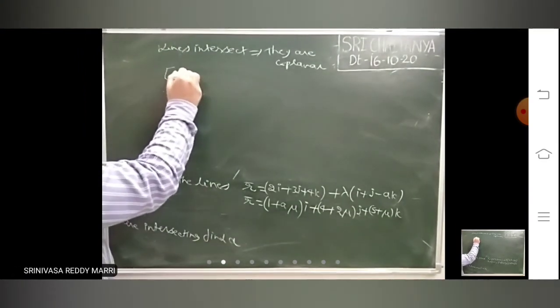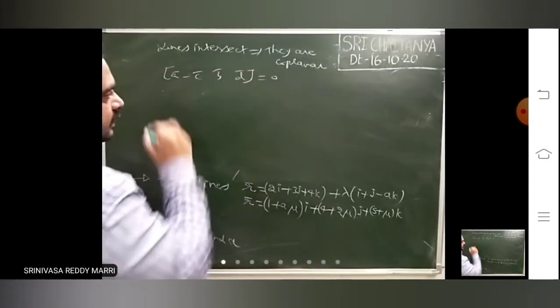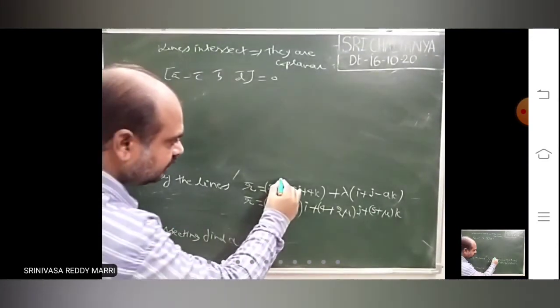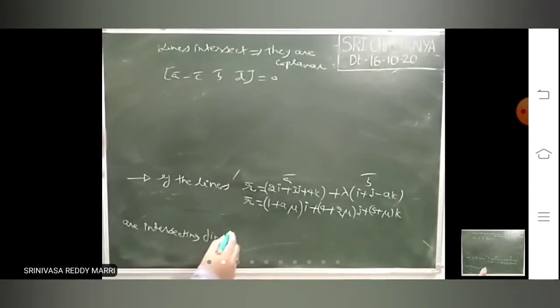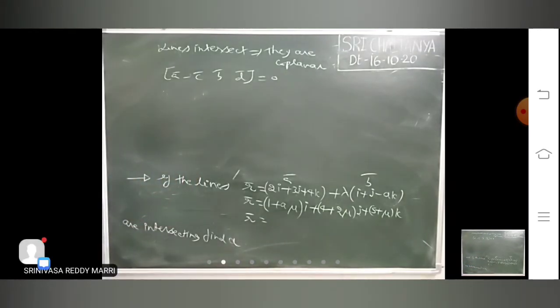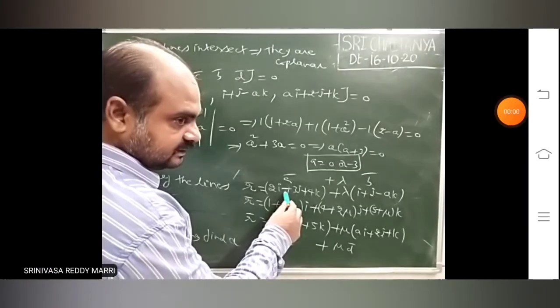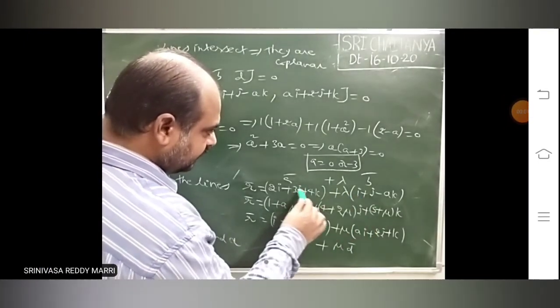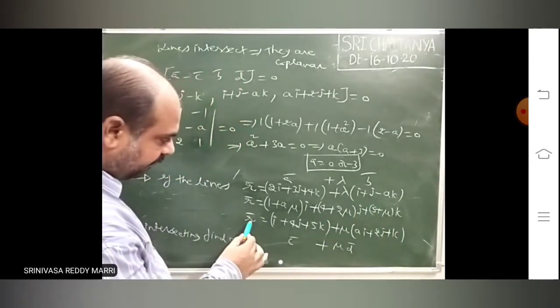Coplanar means what is the condition? The box product equals 0. Now find out. So this is a bar here, clearly a bar is there, b bar is there. Now write this line in the standard form, a bar plus lambda b bar.